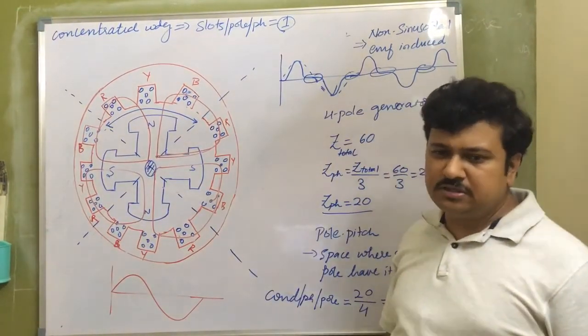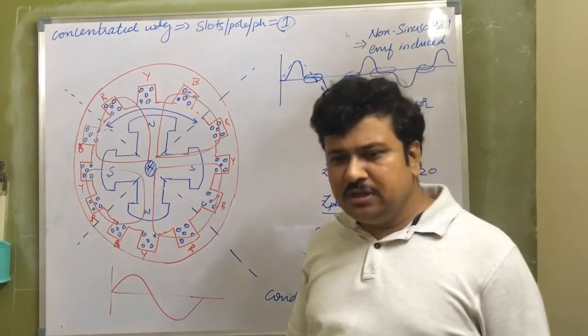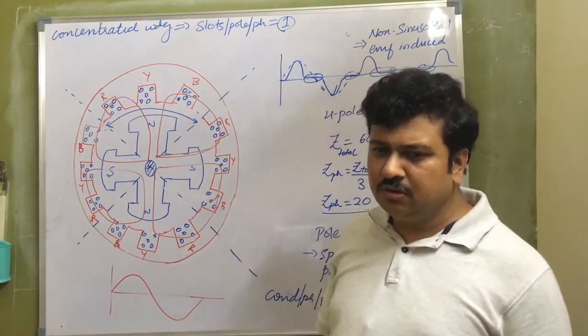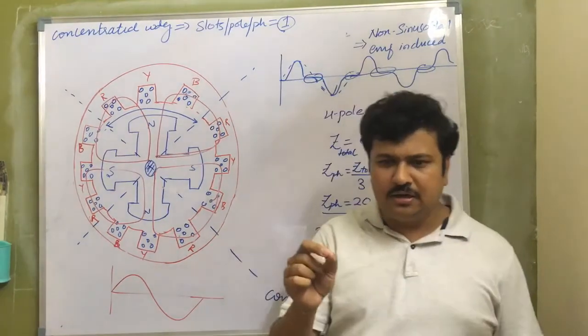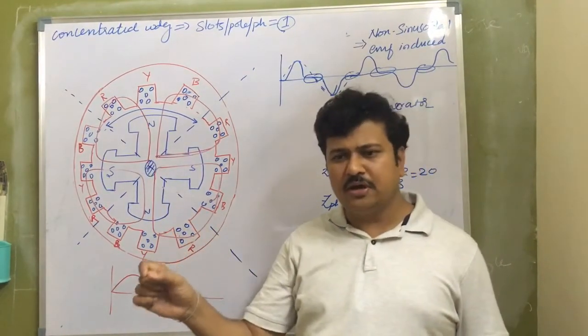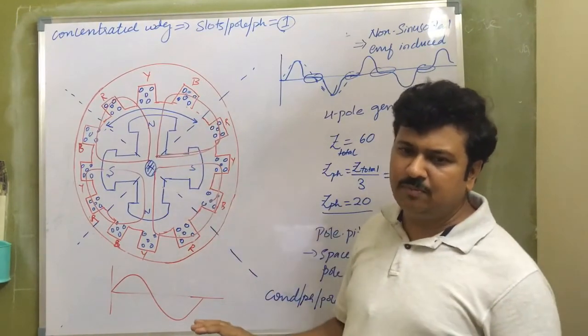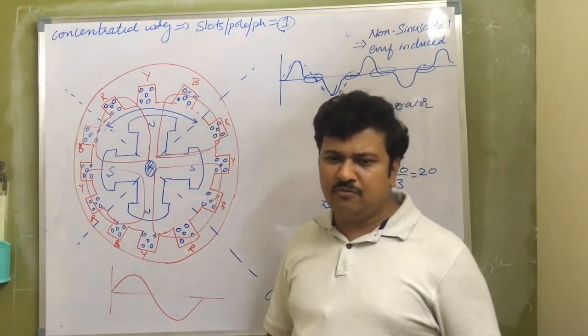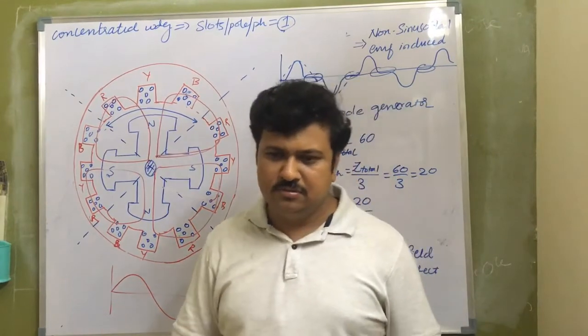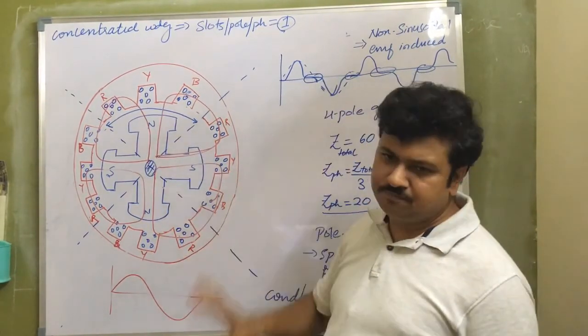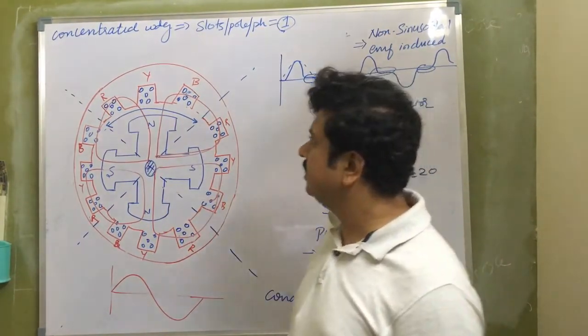So the total induced EMF per phase equals the EMF induced in one conductor multiplied by the total number of conductors per phase, which we have already done. We multiplied 2.22 f phi by Z, which is obtained this way. So this is concentrated winding.